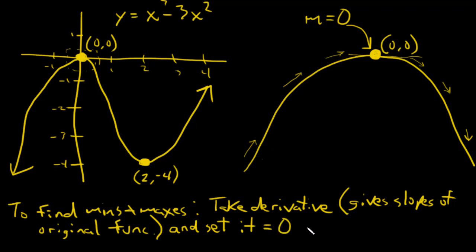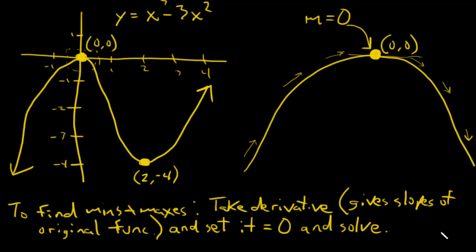Equal to 0, and solve. Whatever x values we get for that are the x values that, when we plug them in, give us a slope, a derivative, equal to 0. Okay? It is that easy.